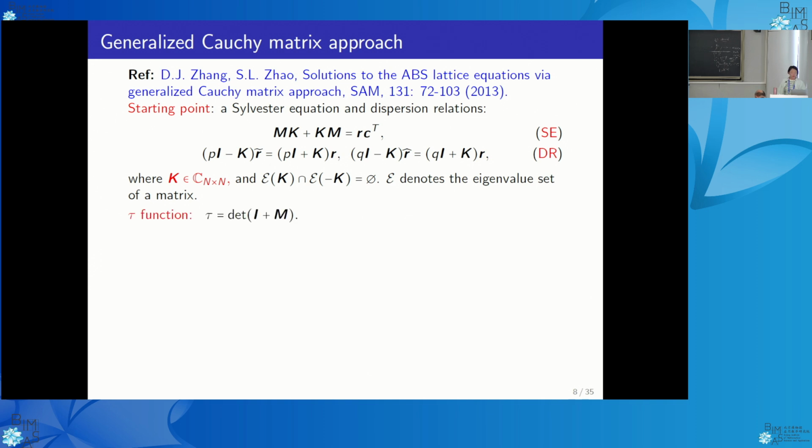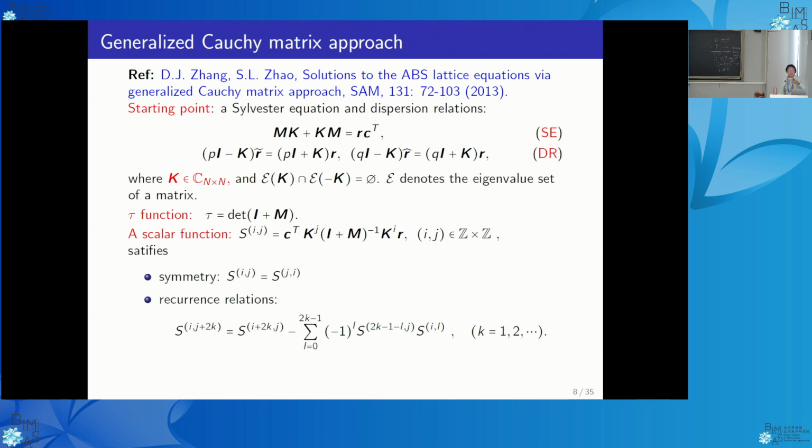Okay. In this scheme, the tau function and Sij functions are also defined, and it can be proved that they have symmetry and recurrence relations. Also, in this case, when U is S00, they prove it satisfies H1.